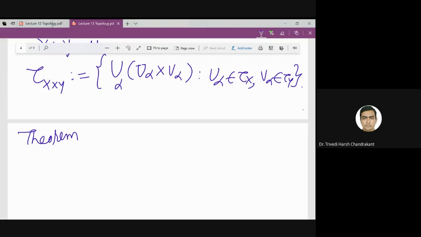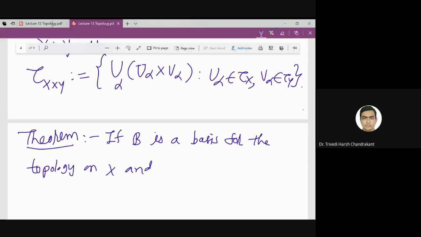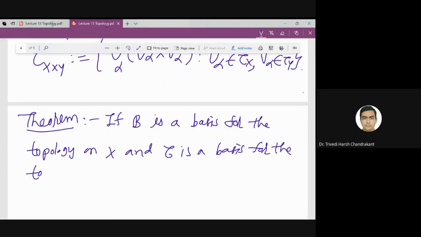So theorem: if B is a basis for the topology on X, and we take another basis, C is a basis for the topology on Y, then can I get a basis on x cross y?